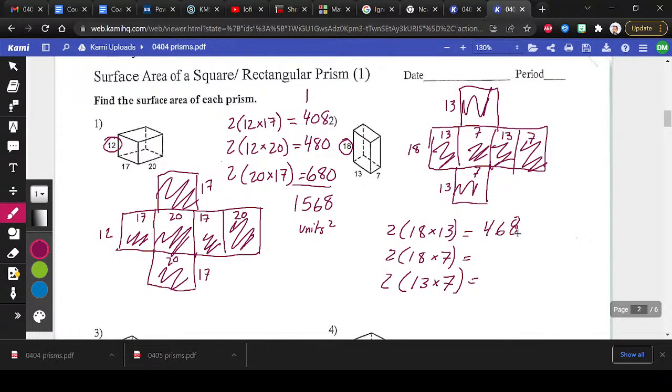We get 252. And we get 182. 468 plus 252 plus 182 gives us 902. And that's units squared.